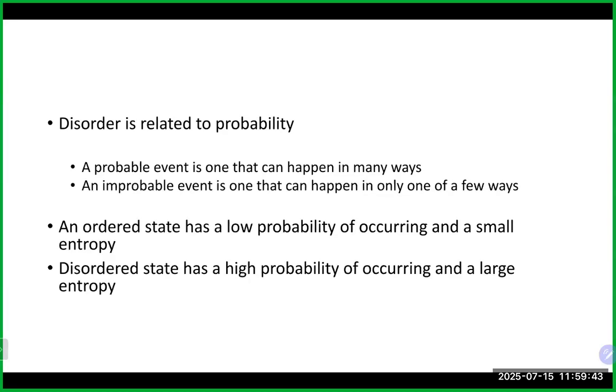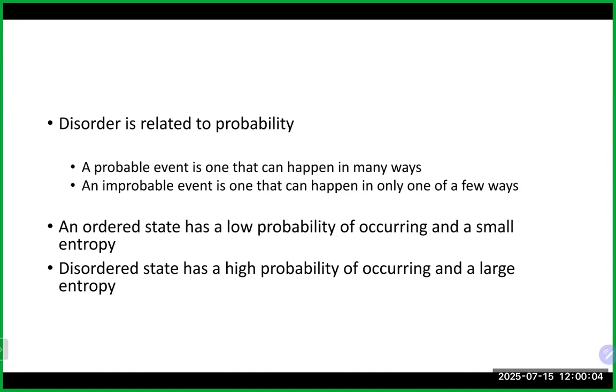Now, when we talk about disorder, it is related to probability. A probable event is one where there are many ways that it could happen. An improbable event is one where there are only a few ways to accomplish it.